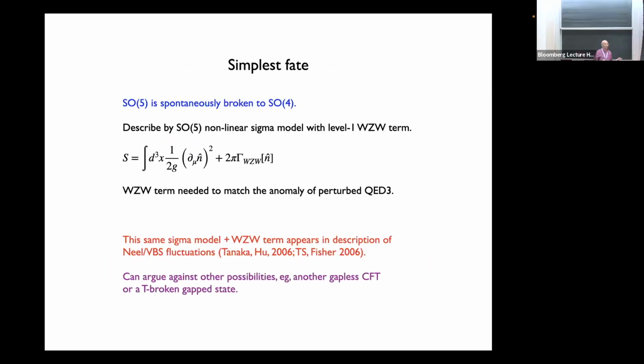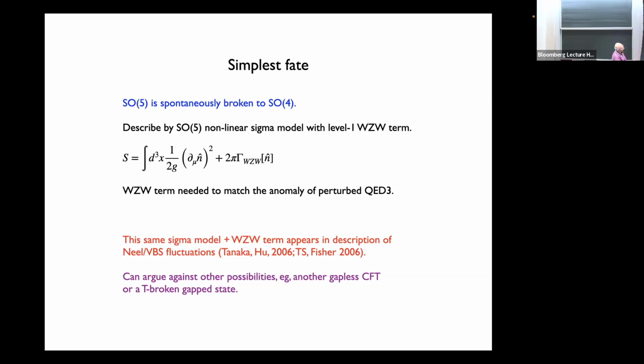So what is the simplest fate of this theory? We can certainly imagine that SO5 is spontaneously broken to SO4, and there are Goldstone modes and so on. This symmetry breaking will be described by a nonlinear sigma model, but to match the anomaly, the sigma model needs to have a Witten term at level 1.